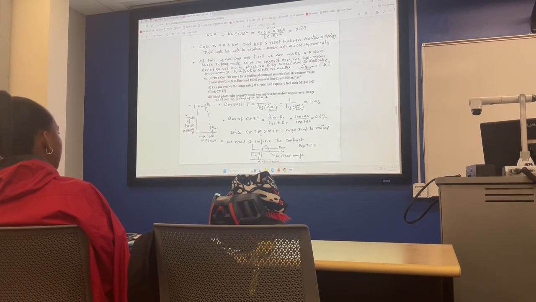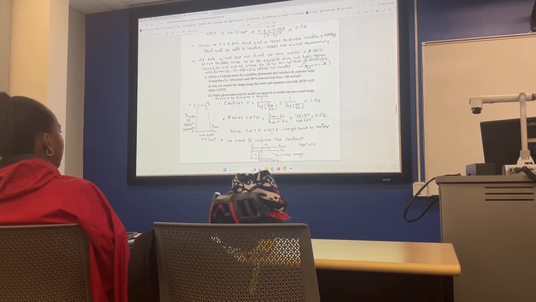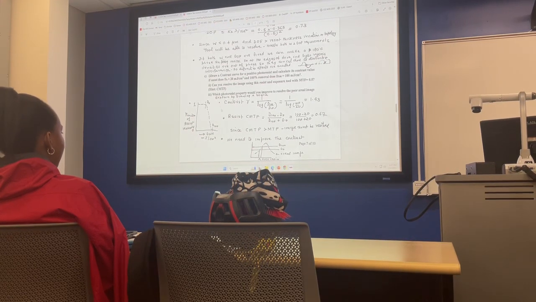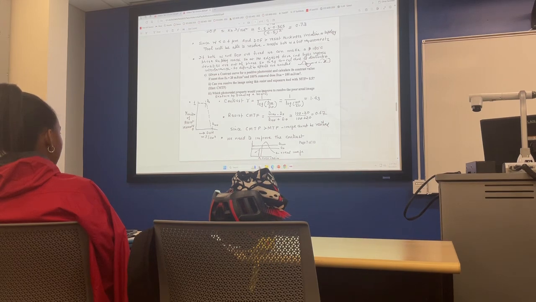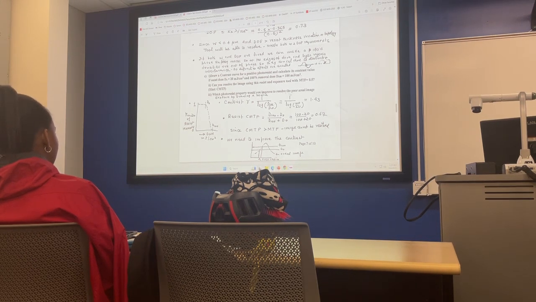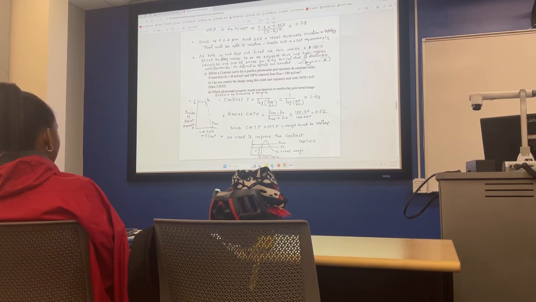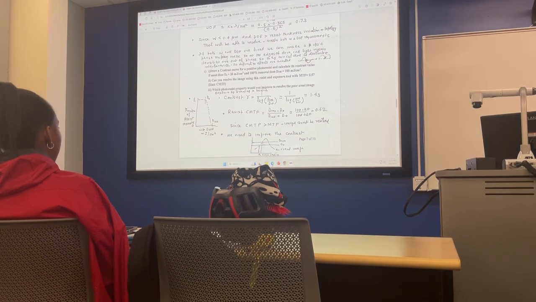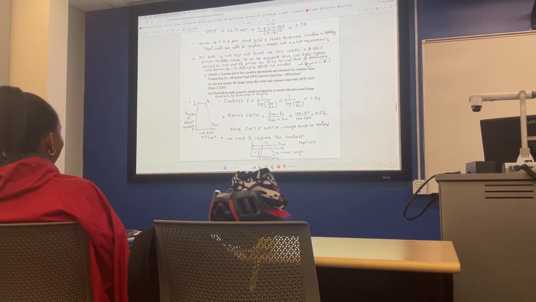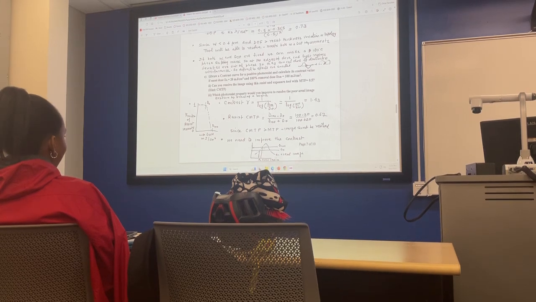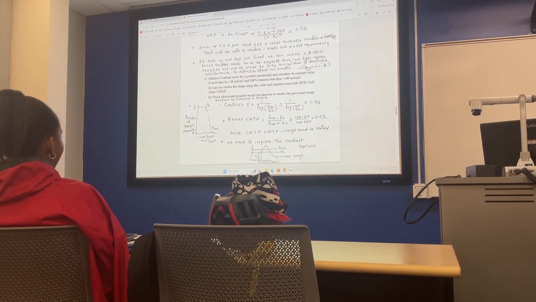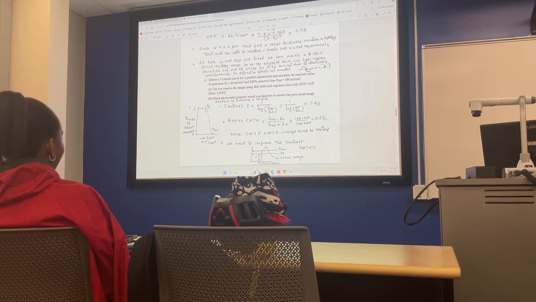Then the last one was, which photoresist property would you improve to resolve the poor aerial image? You didn't have to draw it, but I showed you this was the aerial image, where the gray area was this much. But with D0 and D100, the gray area is reduced to this section only.